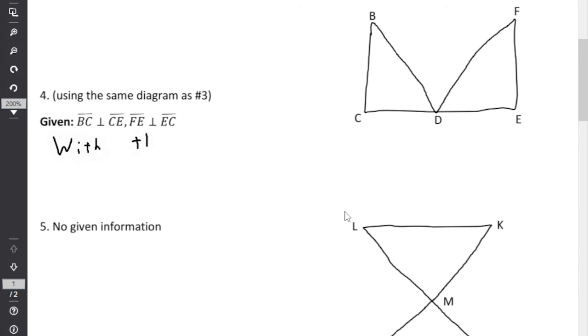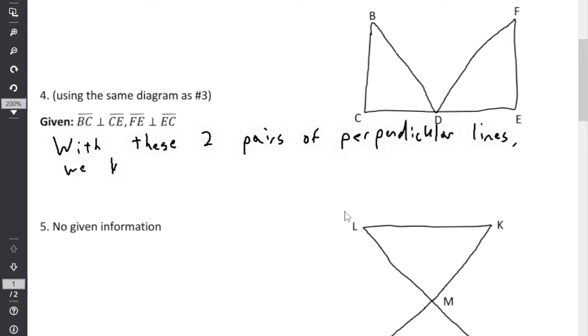With these two pairs of perpendicular lines, we know that, and remember, perpendicular lines make right angles. That's going to be the key here. So what we're going to do is find the right angles.